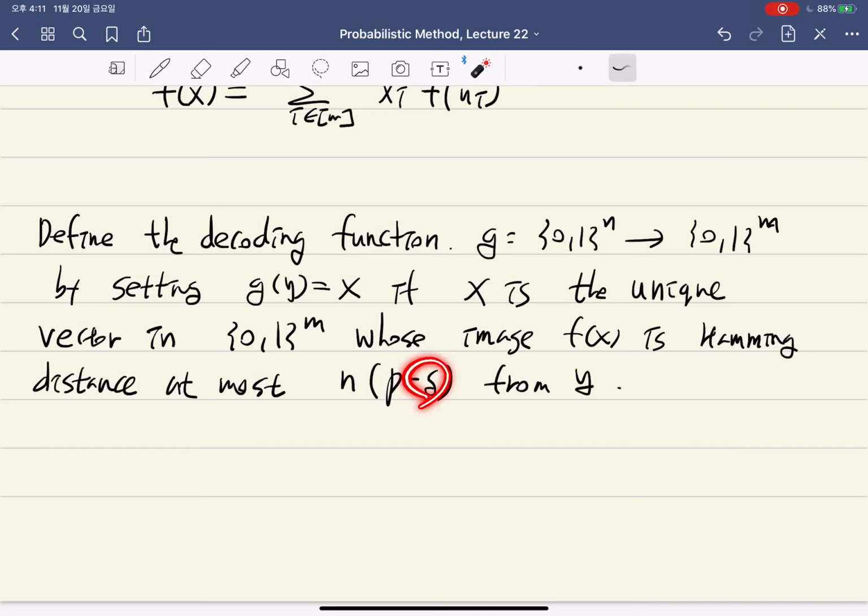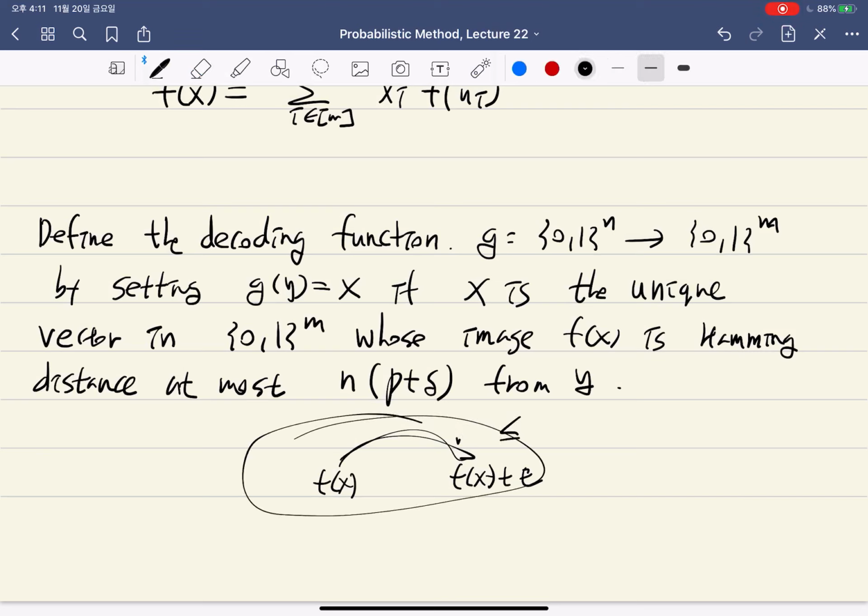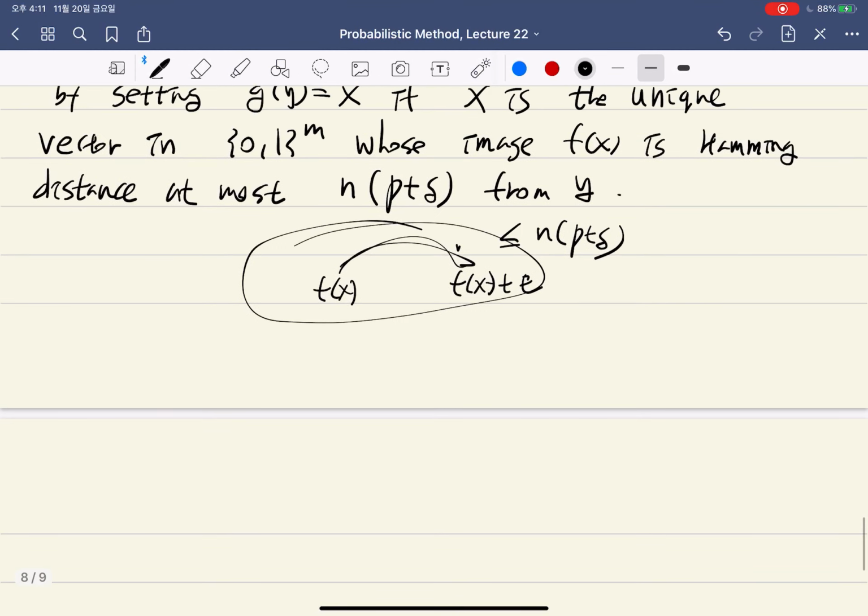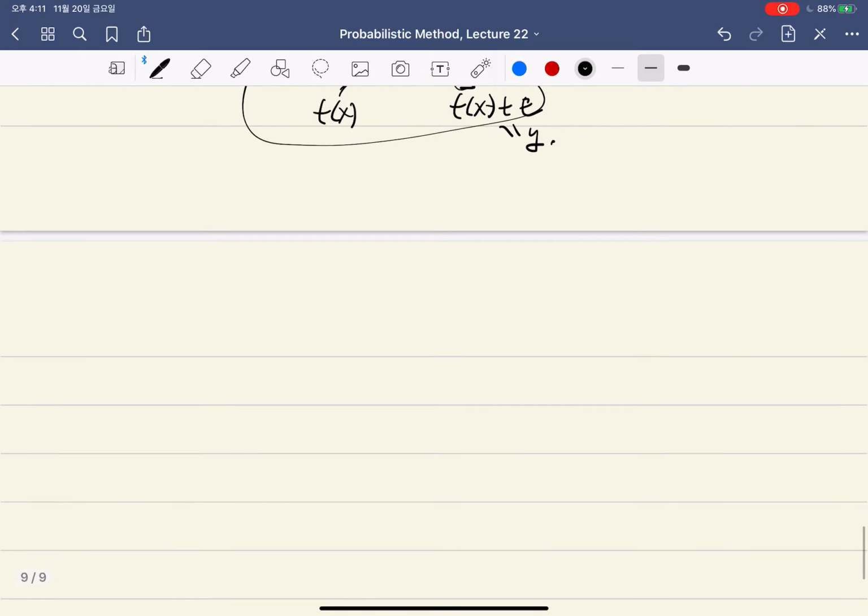By adding this delta, we make sure that most likely fx plus e is not so far from fx. On average, its distance is np, but by adding delta, we make sure that with high probability it's at most this radius from fx.